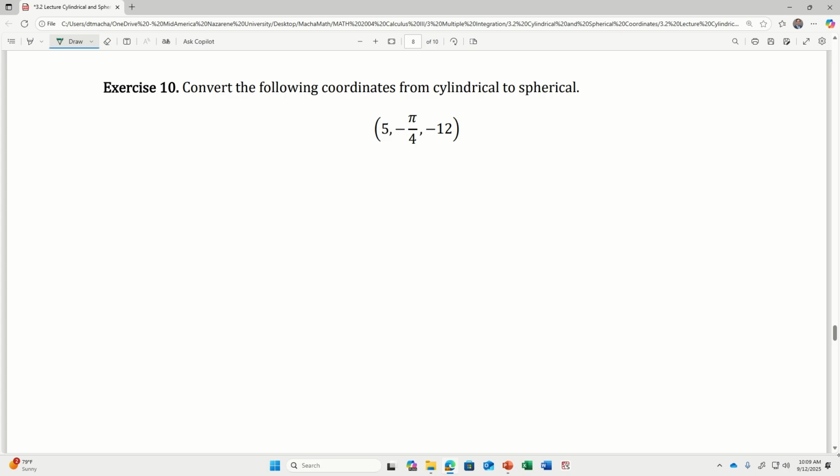Okay, convert the following coordinates from cylindrical to spherical. And so that means these are given to us in r theta z, and we want to be able to calculate rho theta phi.